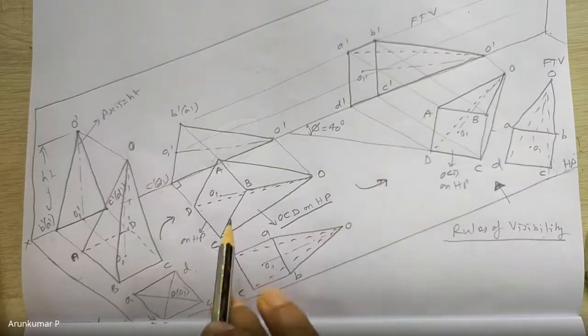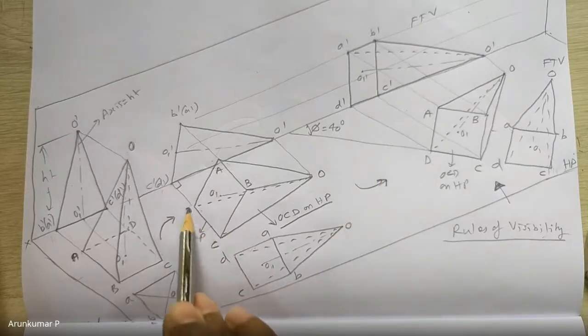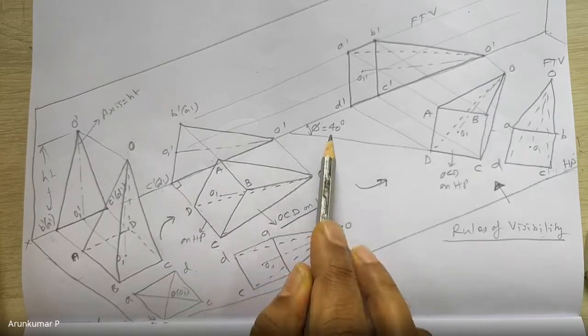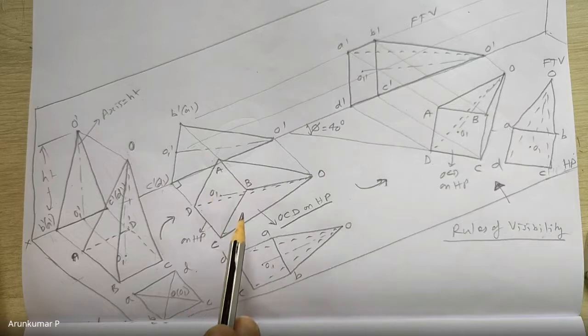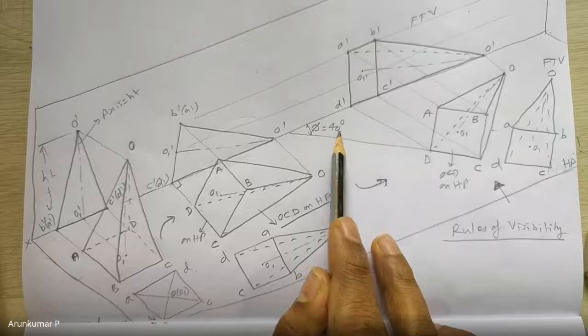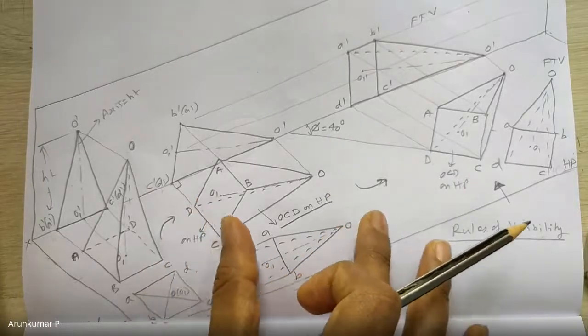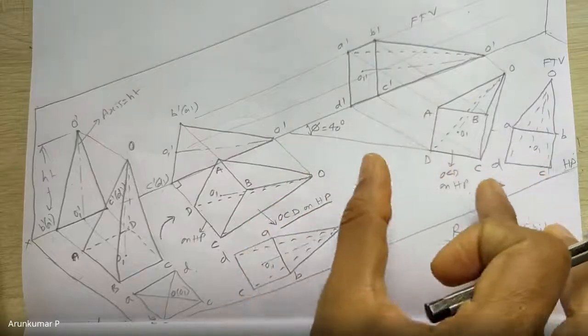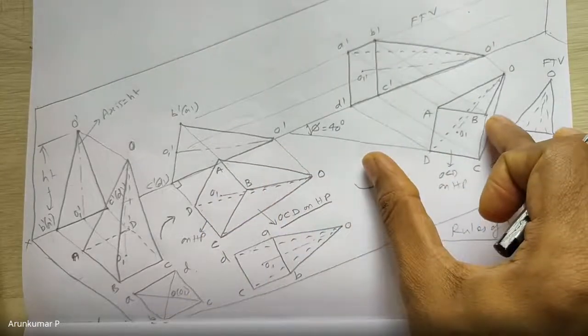Third step, this edge CD, which is currently perpendicular to VP, is inclined at 40 degrees to VP. So CD is inclined at 40 degrees, because of which you have to rotate the whole pyramid in the anti-clockwise direction by 40 degrees. So this is how the position changes.